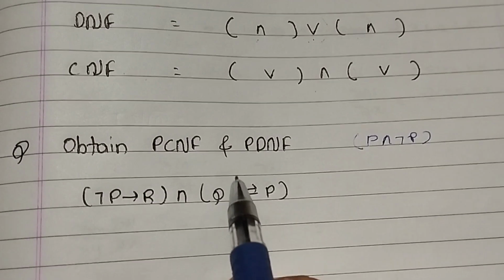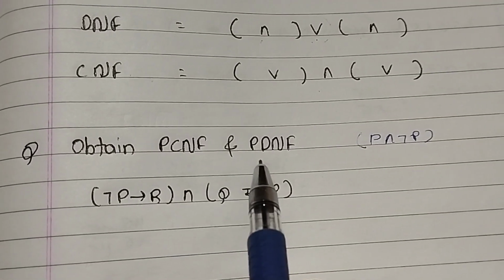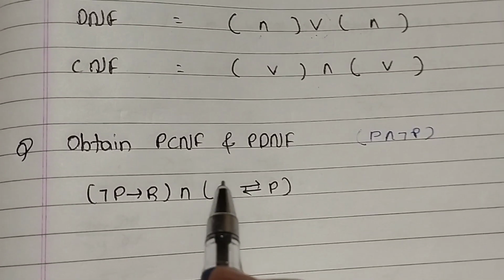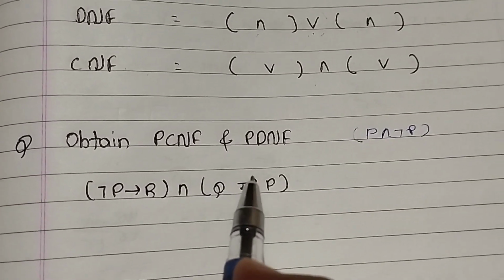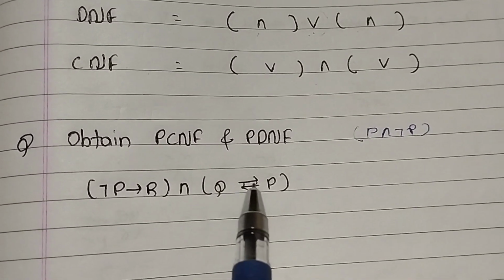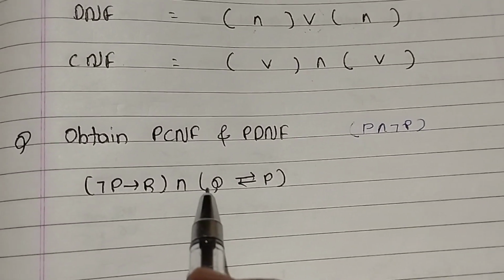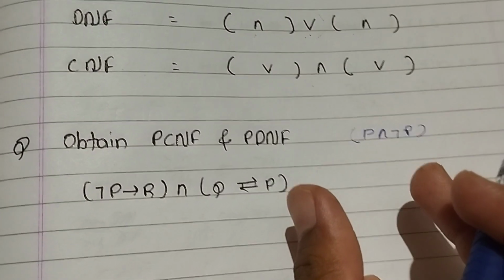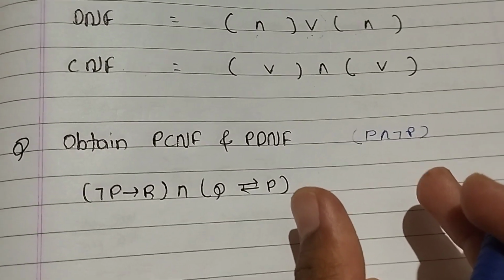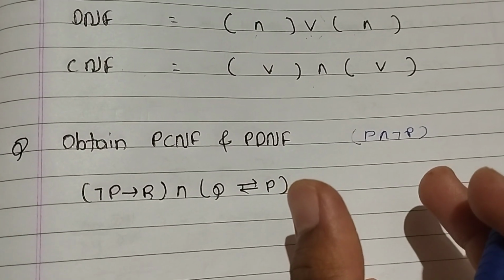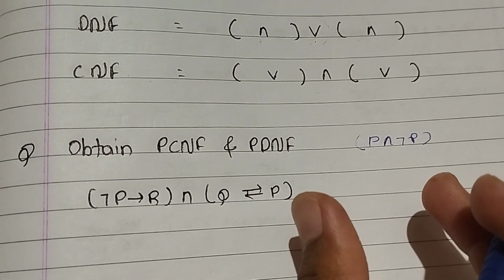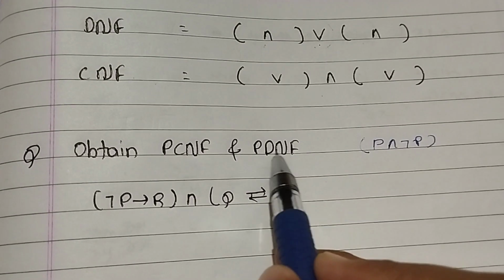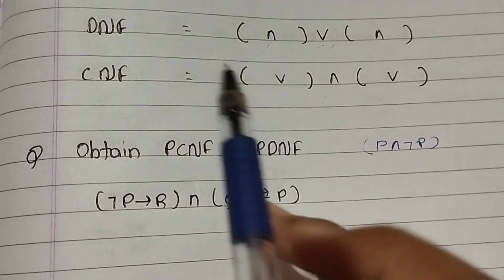Second thing, PDNF requires all the variables present in the equation. Suppose in the question 3 variables are present, then each small bracket is formed with those 3 variables, each as the variable or its negation. These are the conditions of PDNF.